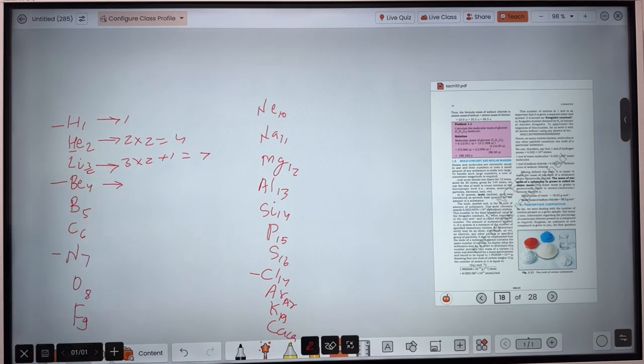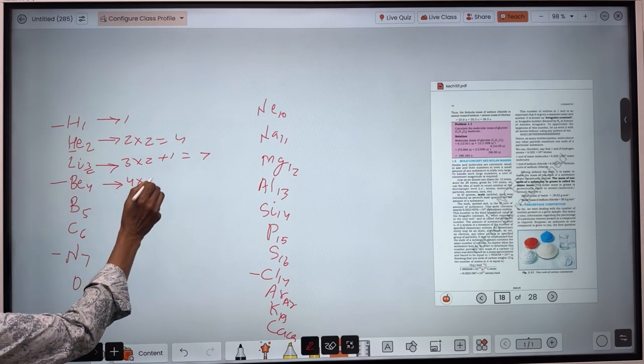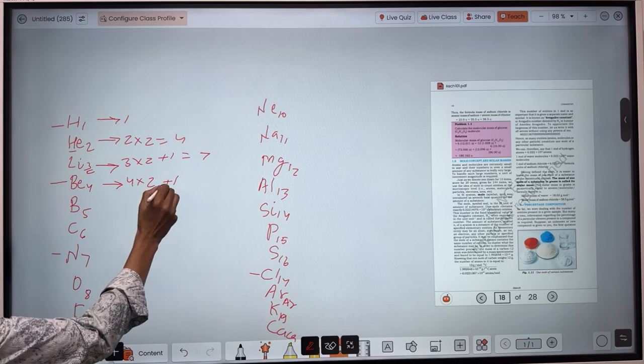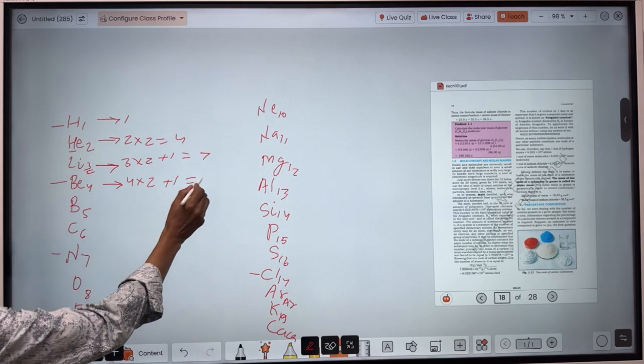Here, beryllium is an exception. In the case of beryllium, the atomic number is 4, so that should be 4 into 2, but here it is plus 1 also, that is 9.